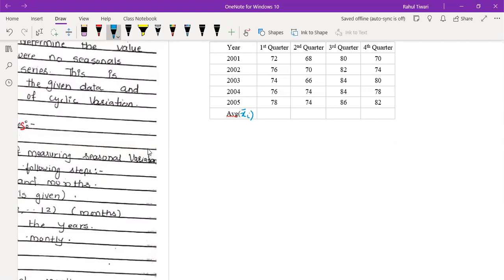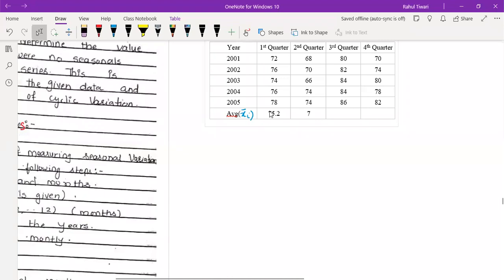Tell me what the values are. Anyone who has calculated can put it in the chat box. So in the second step, you compute the average for the quarterly data. Yes, sir, the first one is 75.2. Correct. Similarly, you can compute for all.